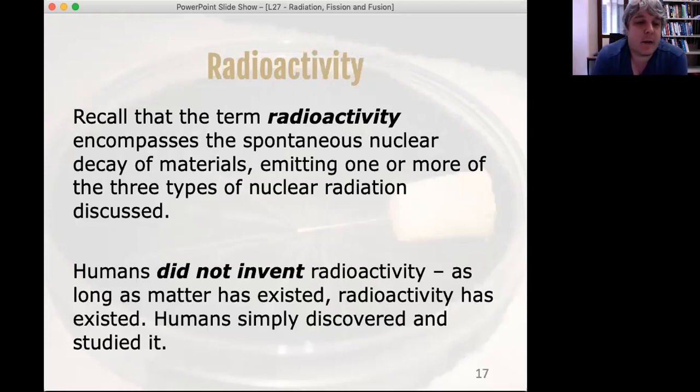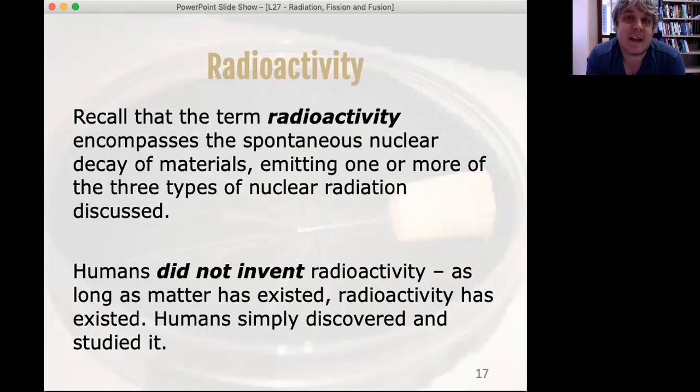Radioactivity, as we said, encompasses basically everything. The spontaneous nuclear decay of materials as a whole we called radioactivity. Whenever that occurs, you will get one or more of the three types of nuclear radiation discussed, usually either alpha and gamma or beta and gamma. Those are the most common. Humans did not invent radioactivity. Right? This is again just language, but also some people get tripped up on the idea of where it came from.